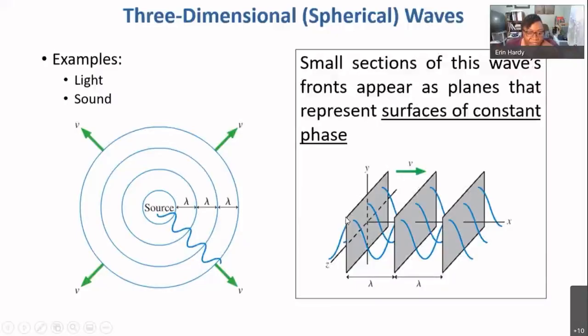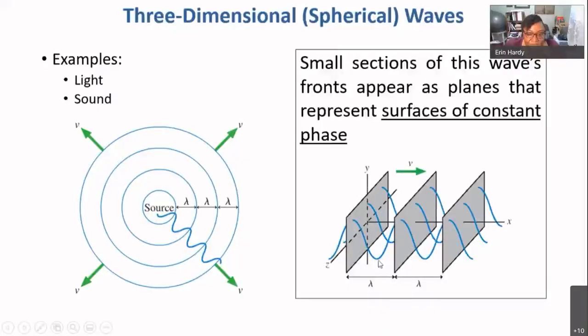So let's think back to the way that we defined a wavefront on the previous slide. We said that the ring that looks like it was expanding outward on the surface of the pond represented an area of water that had a higher than average vertical position. So the midpoint between those 2 wavefronts should be a location where the water had a lower than average, or its lowest, displacement.